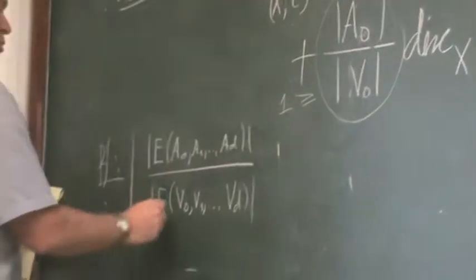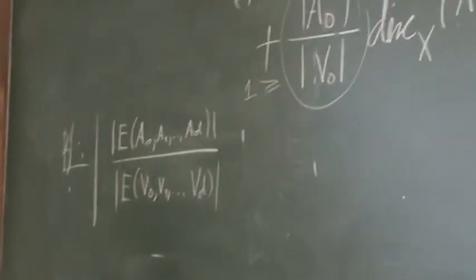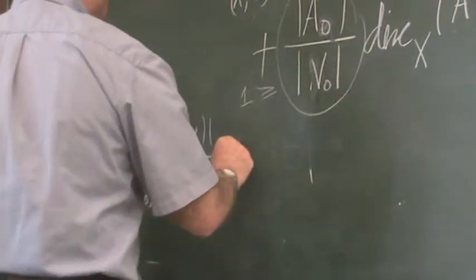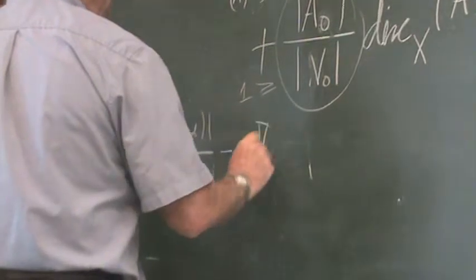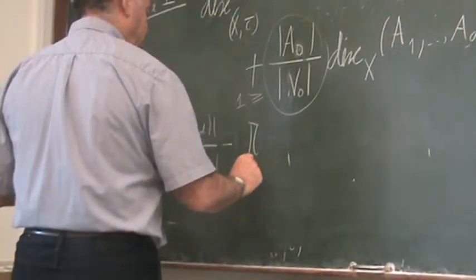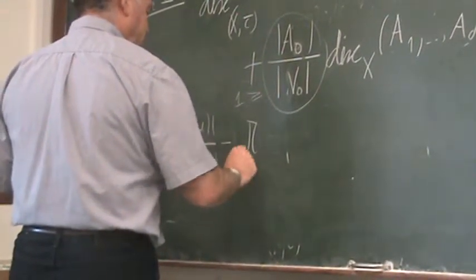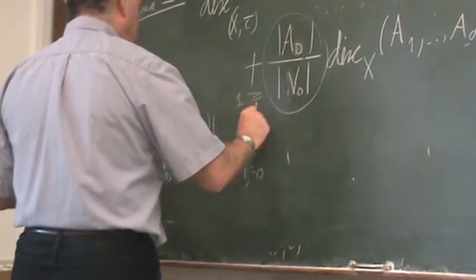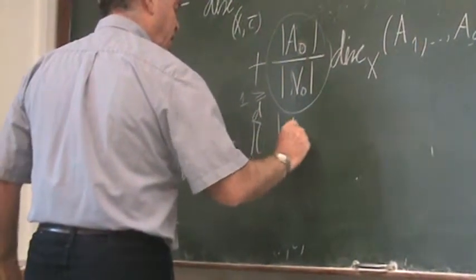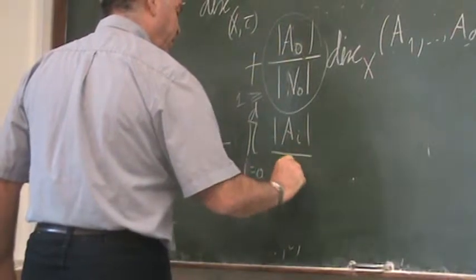The total number of edges, maximal faces, minus the product, I goes from 0 up to D, of AI divided by VI.